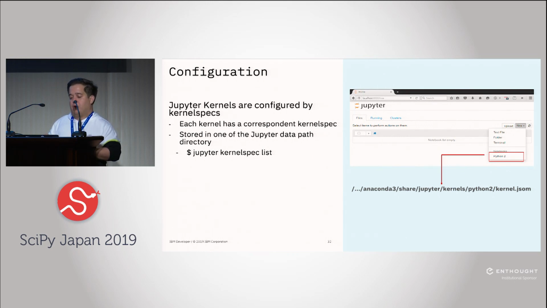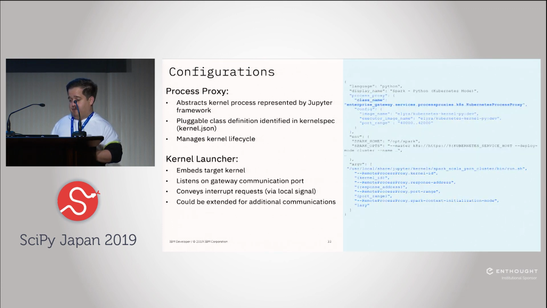Also, for configuring what it means to use a remote kernel: when the user starts a new kernel, you will see a drop down with a list of kernels that are available. Behind the scenes, there is a JSON file that tells what needs to get started and what the environment is in that scenario.